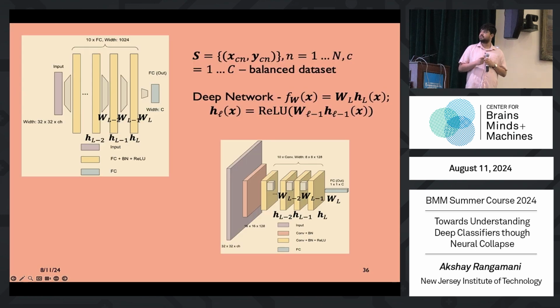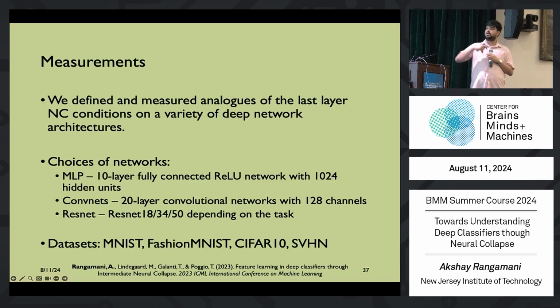Again, we use the same notation for the weights of each layer, and then you have the feature vectors. We compute the same first order and second order statistics of H for all of the layers. We did this for a couple of different types of networks and data sets: MLPs, convnets, resnets on some image classification data sets.